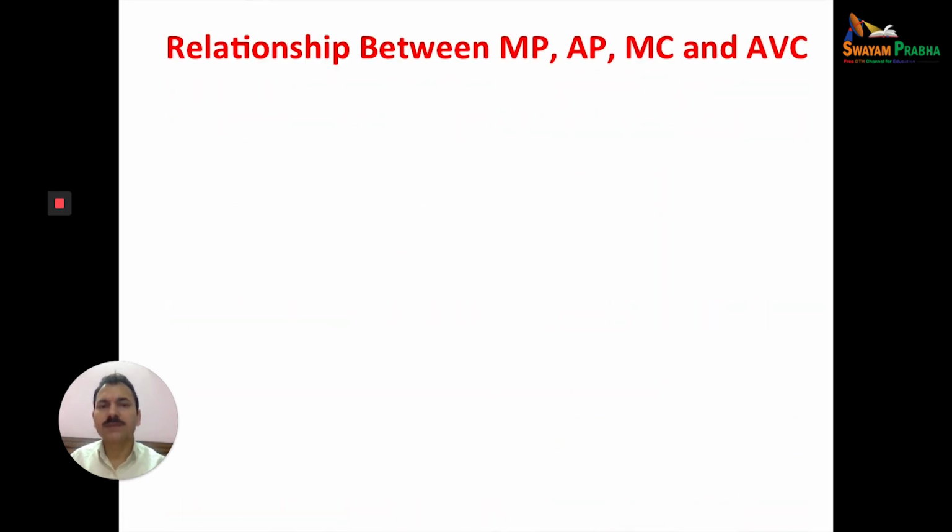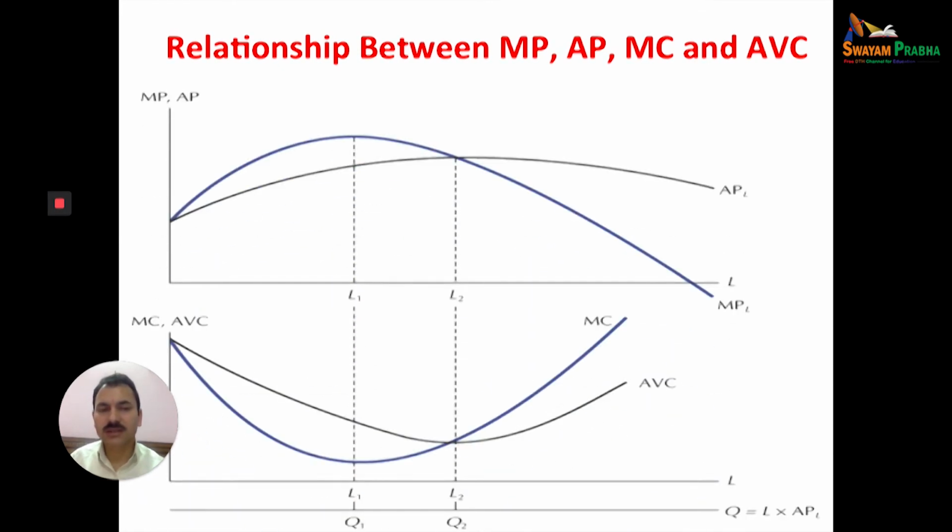The relationship between marginal cost, average cost, marginal product and average product we will discuss in the next lecture. Average product means per unit output, and marginal product means additional output.